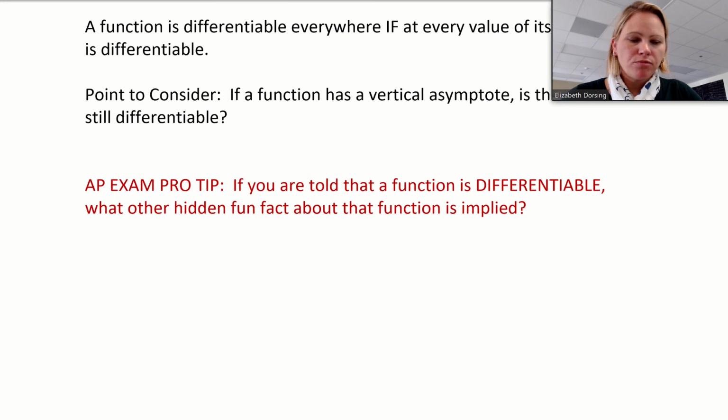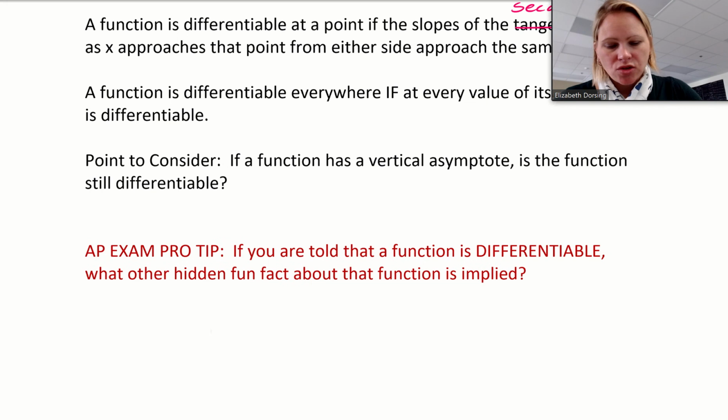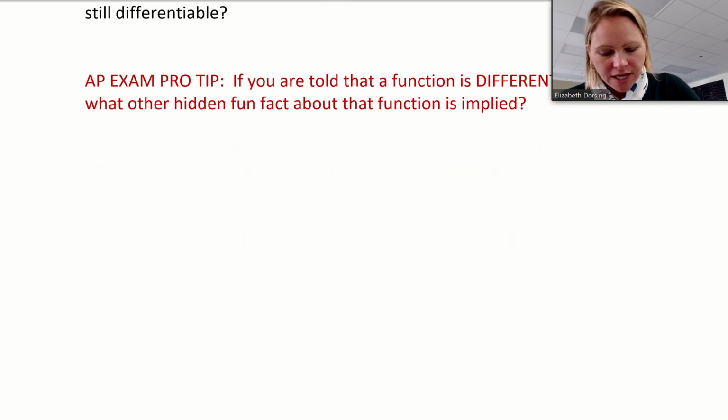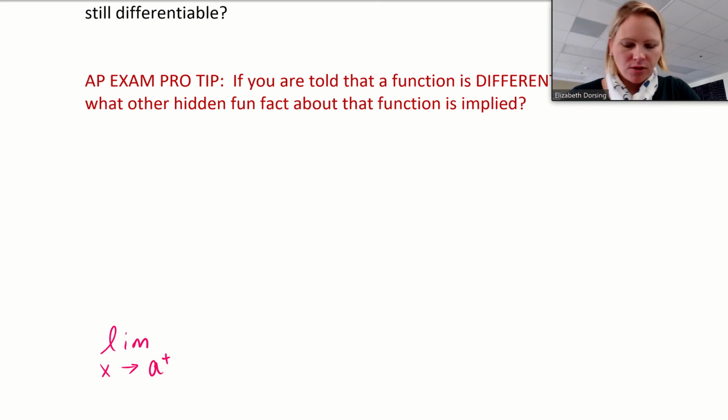But here's my pro tip. I've got actually another one here before we get to this one. So remember, you always want to write that the limit as x approaches a from the right, so a is the point in question.